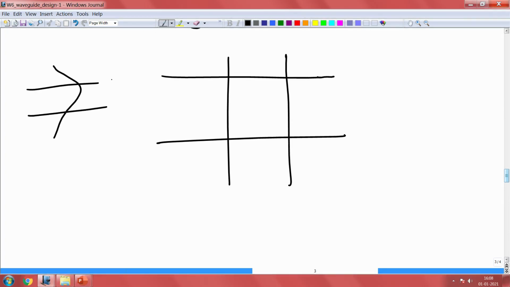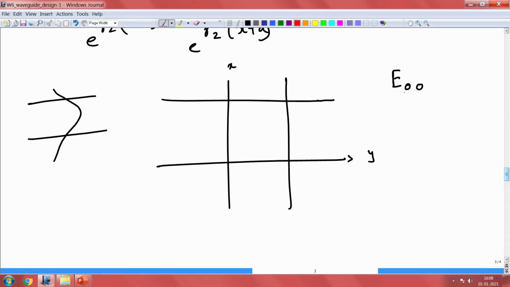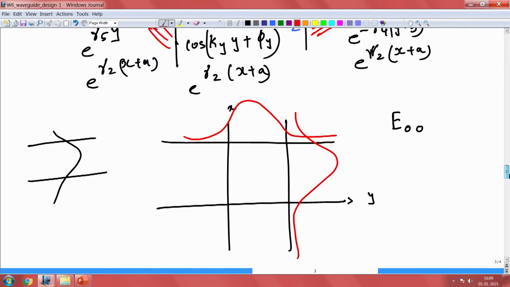So, we have seen that in our thin planar waveguide geometry, right. So, when there is an electric field E 0 0, along x and y, right. So, we know this is y and this is x. So, the field would look like this. So, you have 0 here. So, that means you will have like this, and along y direction it will also be like this. So, this is E 0 0, all right.